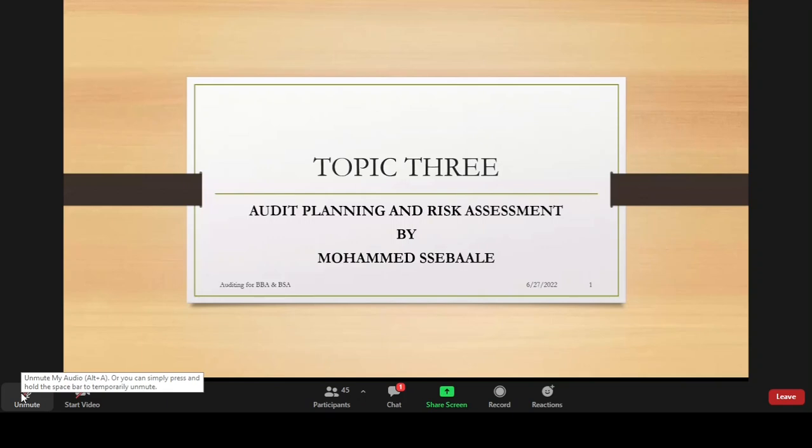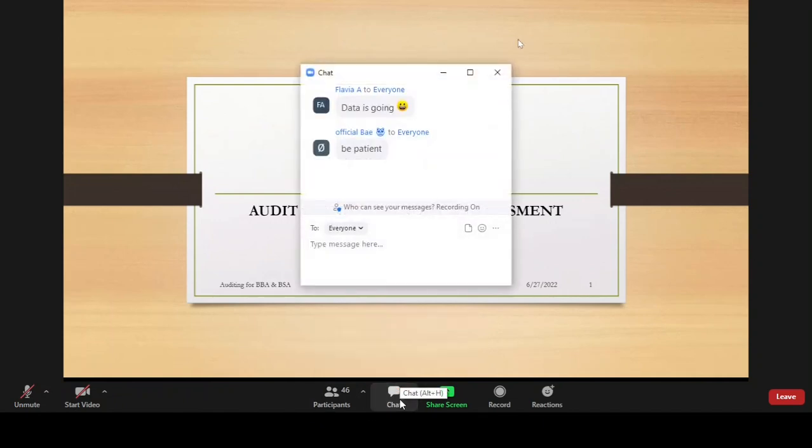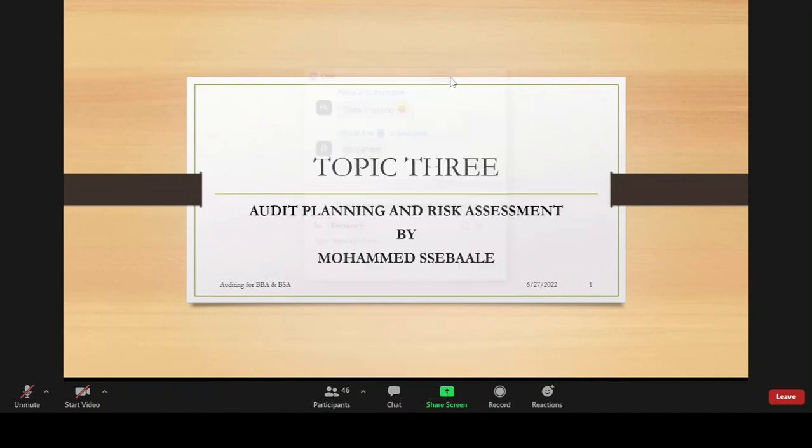Auditing stems from what we call the stewardship relationship, where we have an owner and a manager, where the owner provides resources to the manager to run the business. And at the end of the day, the manager is supposed to give what we call accountability.